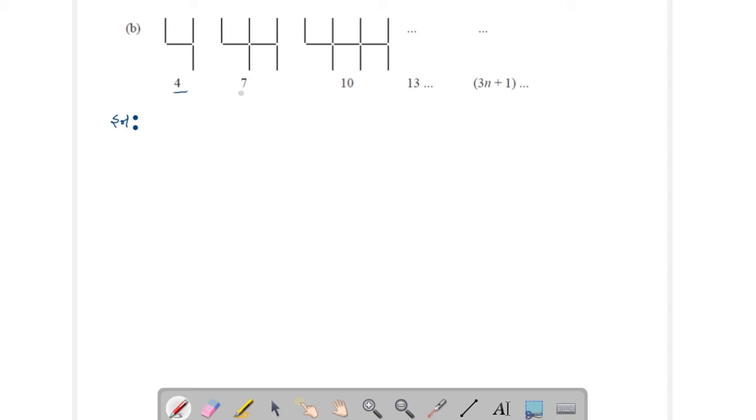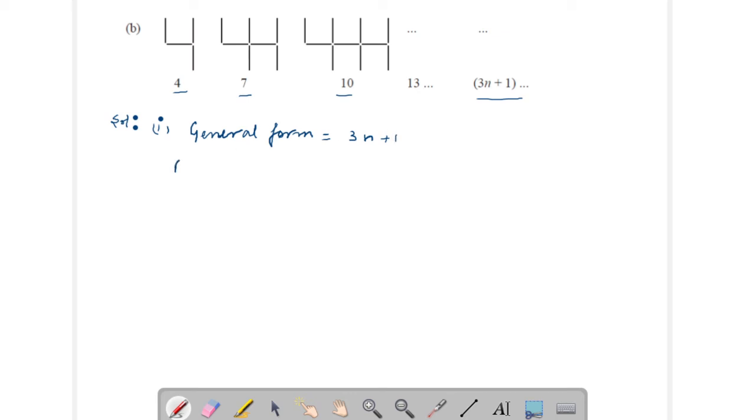For 2 fours, it is 7. For 3 fours, it is 10 and so on. What is the general form? It is 3n plus 1. Therefore, general form equal to 3n plus 1.